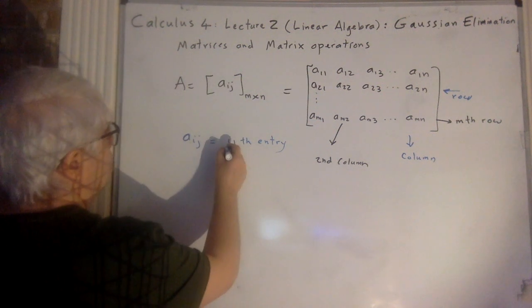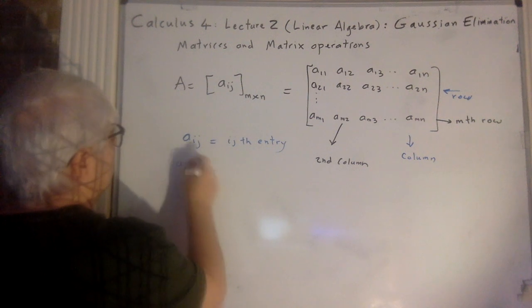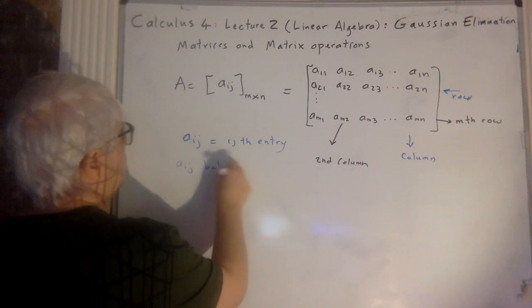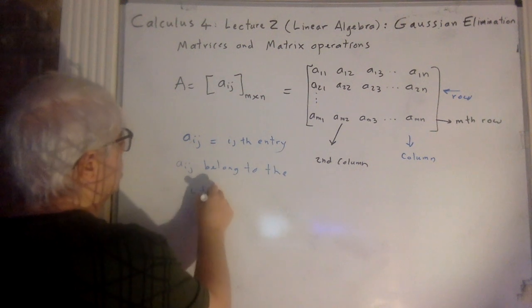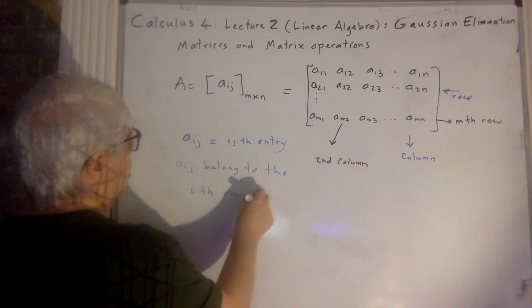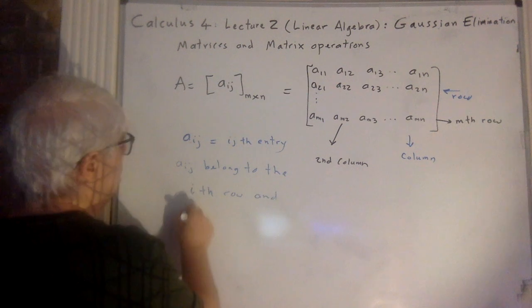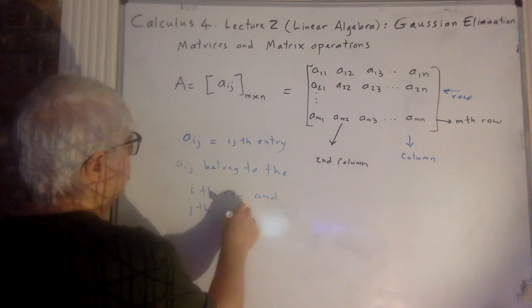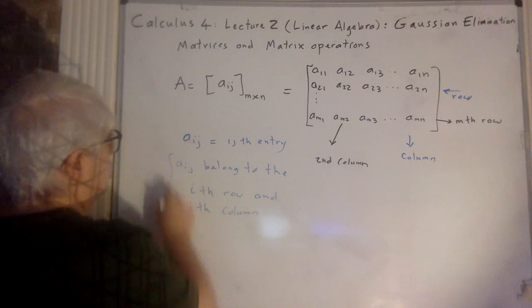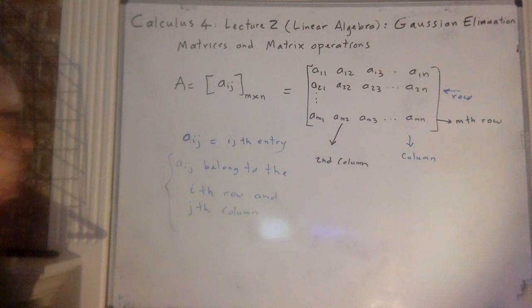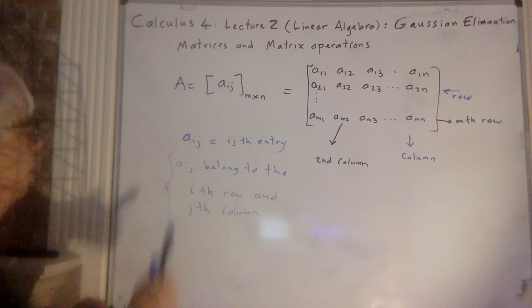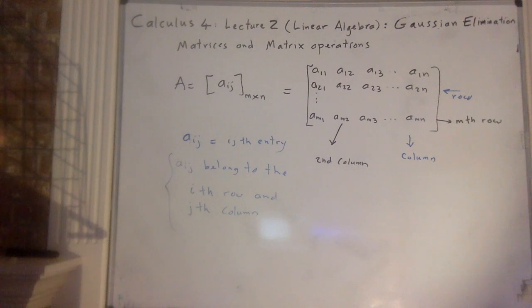So a_ij belongs to the ith row and the jth column. It's the intersection of the ith row and the jth column. The first index is the row, and the second index is the column. Okay.